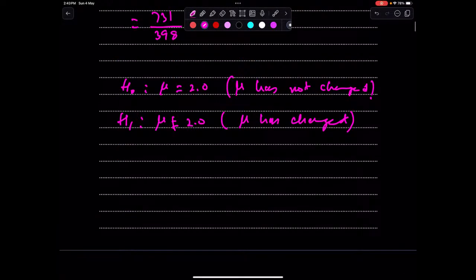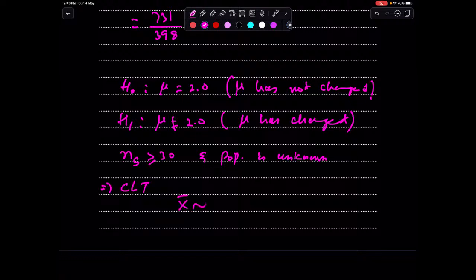Now, since n is large, greater equal to 30, n is 200, and population is unknown, therefore, according to CLT, the distribution of sample means is approximately normal. Write mu naught here, sigma cap square over n. This is the distribution of sample means.